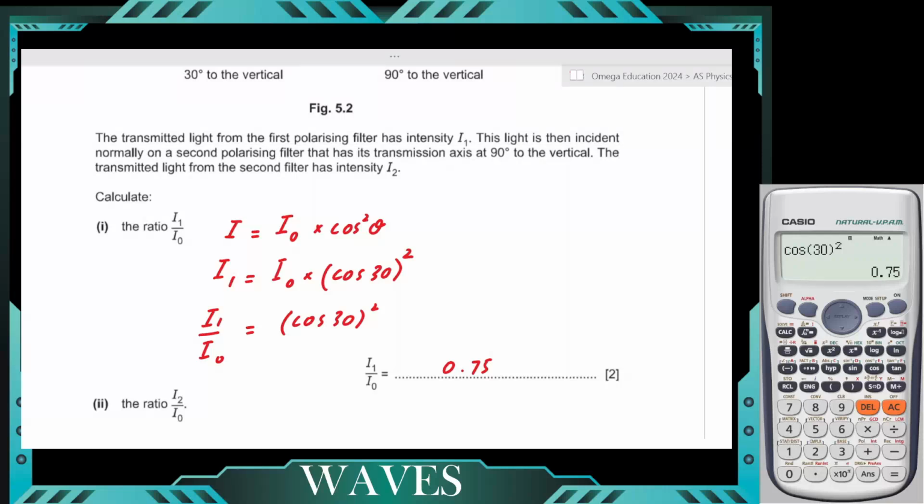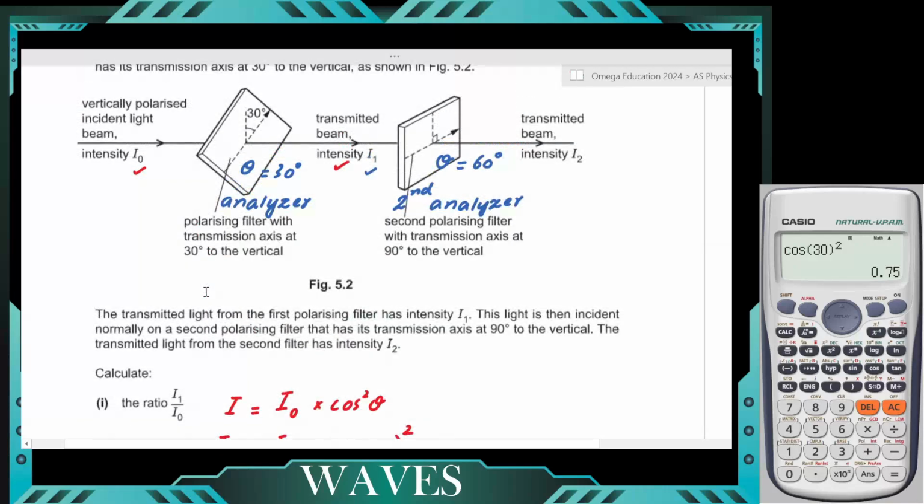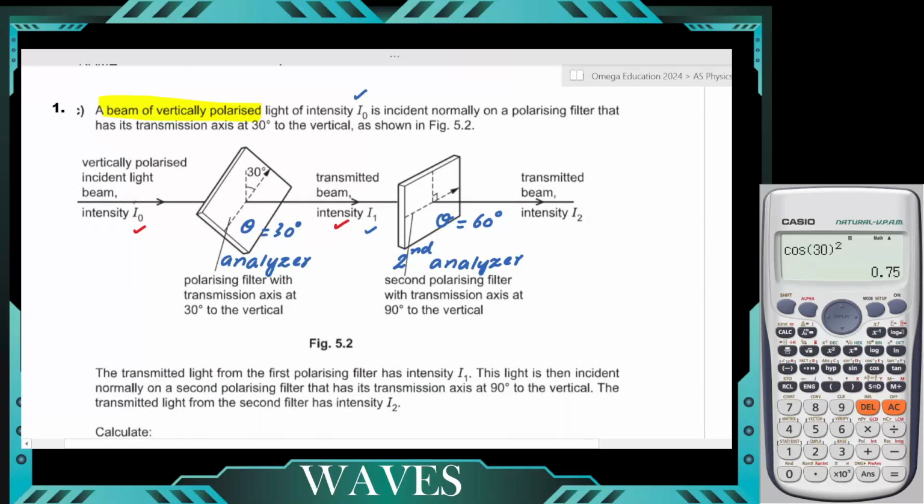So let's take a look at the next part, which is slightly tricky. Now we need to find the ratio of I2 to I0. I2 over I0, that needs to be found out. So let's see what I2 and I0 are. I0 is the intensity of the polarized light before the first analyzer, but I2 is the intensity after the second analyzer.